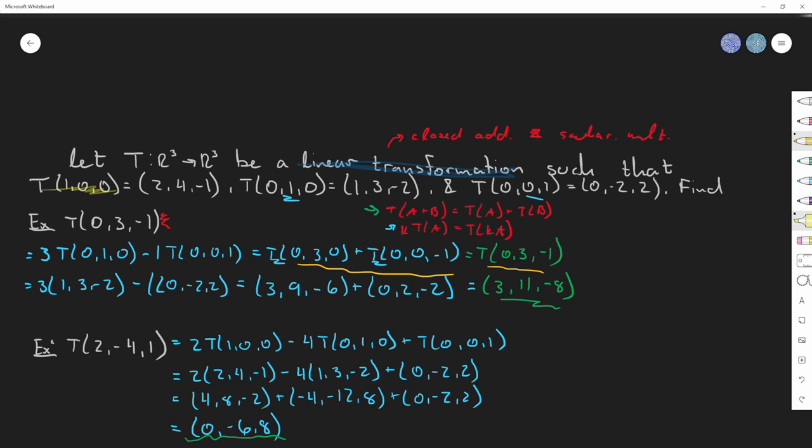The (1, 0, 0), the (0, 1, 0), and then the (0, 0, 1), which if you put them in a matrix, it'll be 1, 0, 0, 0, 1, 0, and then 0, 0, 1. So it's kind of like the identity, if you want to see it like that. So this was one of the easiest ways to do it.